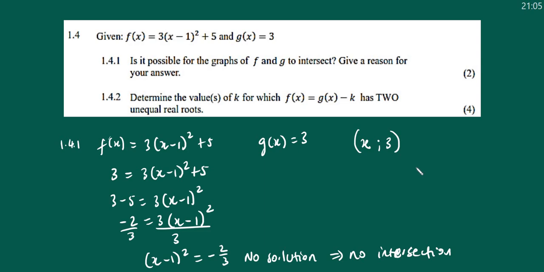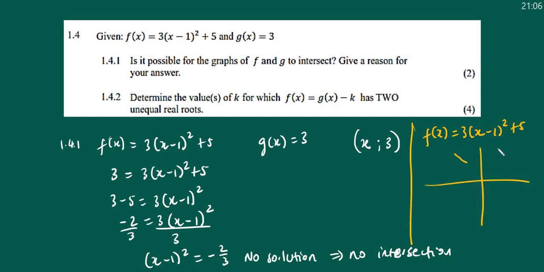Another way of understanding this is the following. Since f of x is equal to 3 into (x minus 1) all squared plus 5, this is a graph that has a minimum value at 5. It's a happy parabola with a minimum of 5.